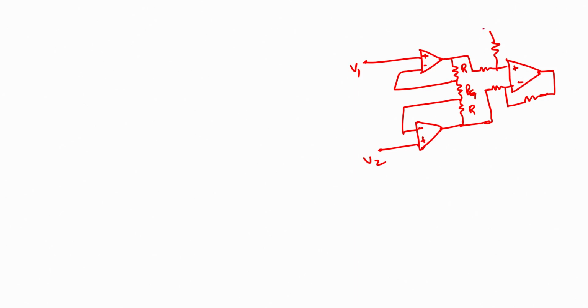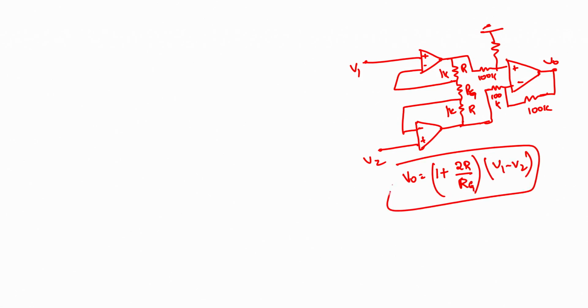So, 100K, 100K, 100K, 4 resistances here, 1K, 1K. If I take the V naught, V naught is generally 1 plus 2R by Rg into V1 minus V2, is the equation. Just look into the instrumentation amplifier circuit, you will understand.